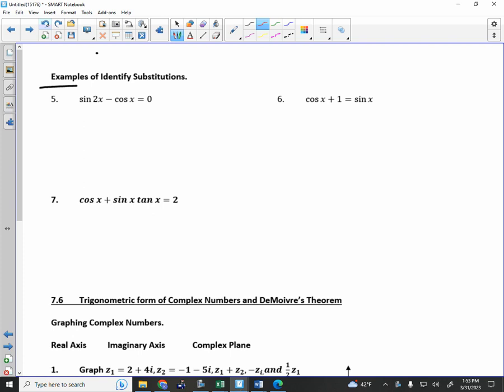Okay, so look at the double angle formulas piece. You see that the sine of a double angle is equal to 2 sine of x times cosine of x. Now I've gone from a double angle down to a single angle. That's the substitution. So we have 2 sine of x, cosine of x, minus cosine of x equals 0. Factor out a cosine.